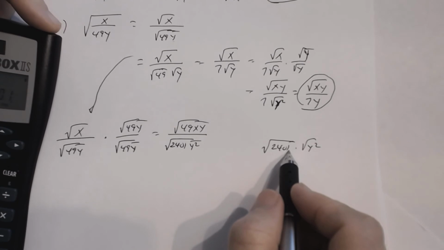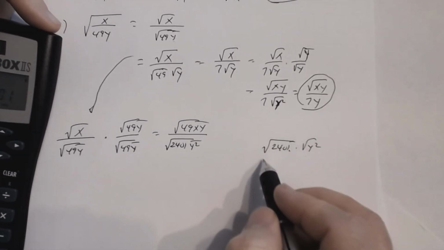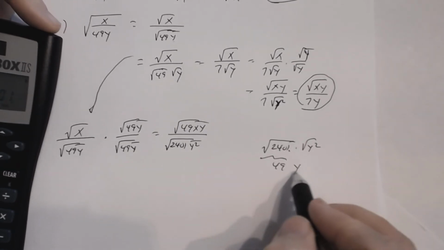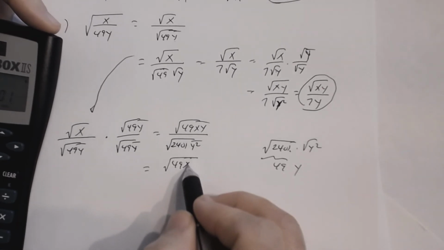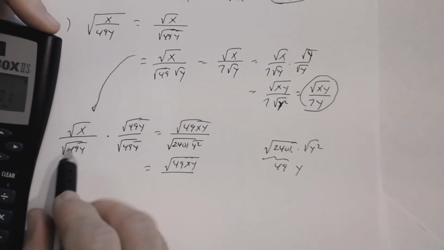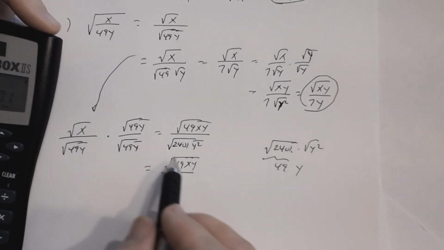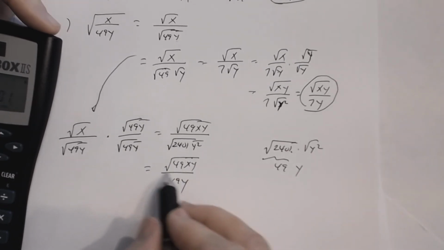You don't need your calculator. You know what it is. It's 49. What times itself twice is y squared? It is y. So that's 49y. So that's why I was saying a while ago, the square root of a radicand times the square root of that same radicand is just the radicand. So it's just 49y. But I got to simplify the numerator.